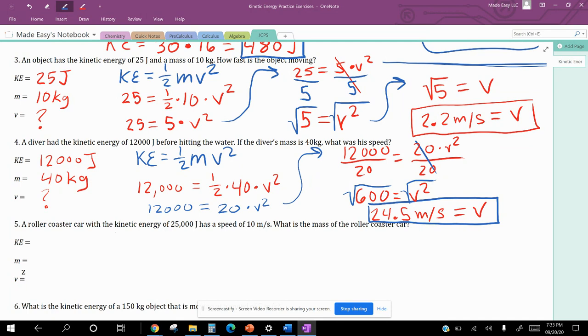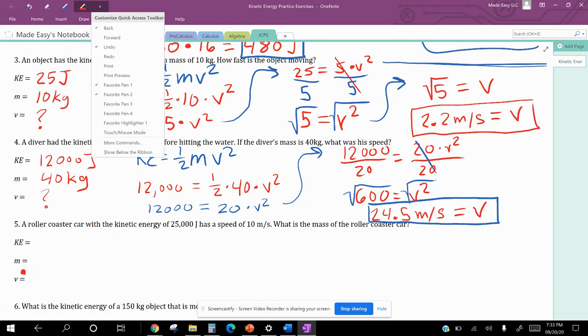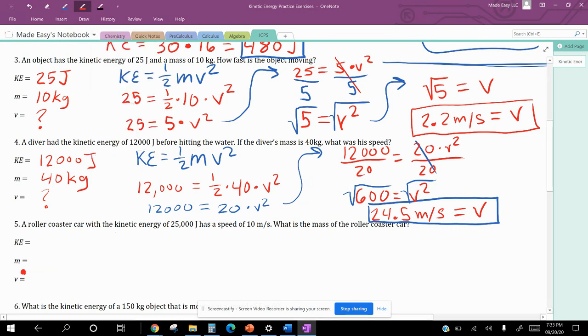All right, so number 5. Looks like I have a typo here. Let's scratch that typo out there. All right, so a roller coaster car with a kinetic energy of 25,000 joules has a speed of 10 meters per second.